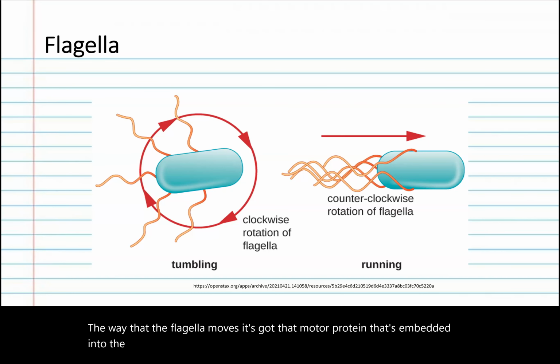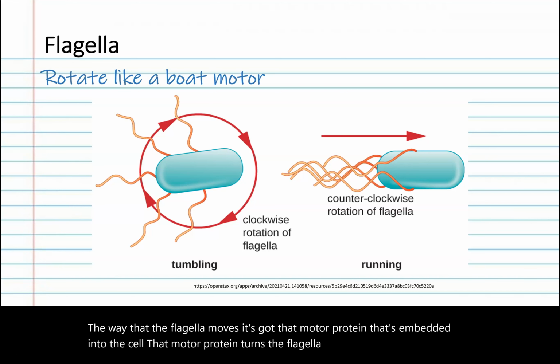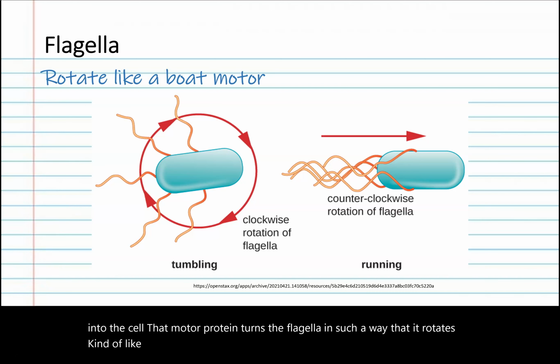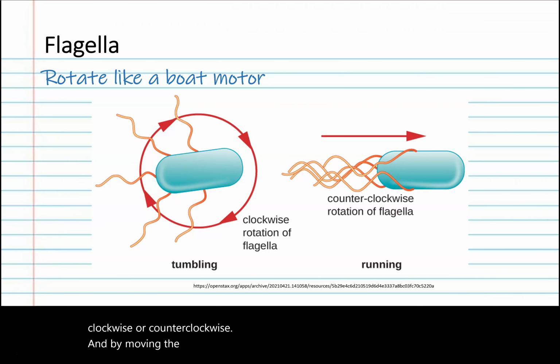The way that the flagella moves, it's got that motor protein that's embedded into the cell. That motor protein turns the flagella in such a way that it rotates kind of like a boat motor or a boat propeller. So you can move that flagella clockwise or counterclockwise. And by moving the flagella one direction or the other, that allows for different types of movement.